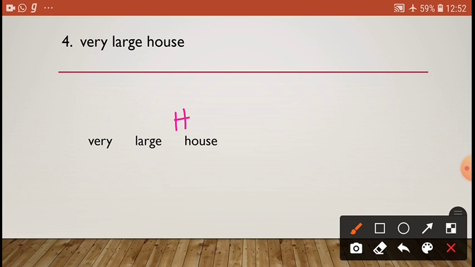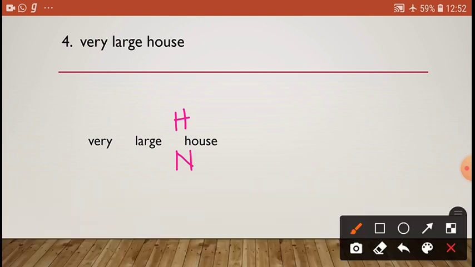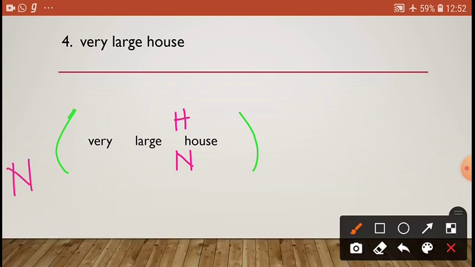What is the form of house? Noun. So, we can understand that this is a noun phrase because its head word is a noun. So, write here noun phrase, NP, N capital, P capital.